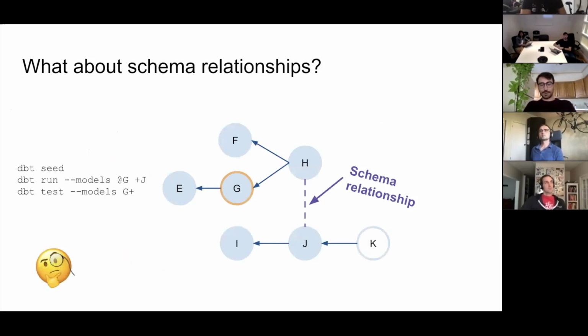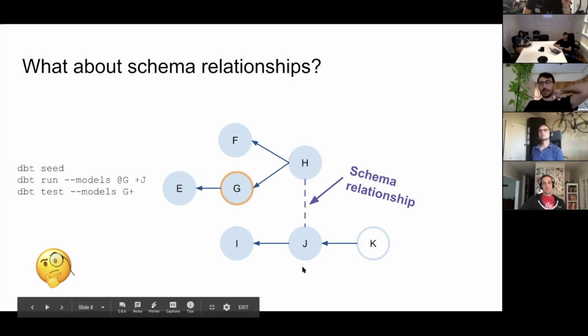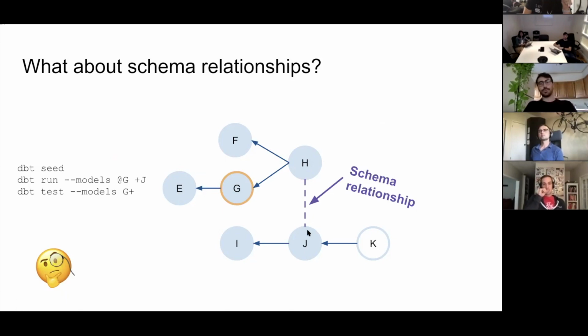Another thing that can come up in DBT projects is schema relationships. So in this case, you only changed model G, but since H is downstream of model G, that could have changed. And now when we run our DBT test G and its children command, H is going to be looking out for model J because they have a schema relationship here, and it's going to test that relationship.